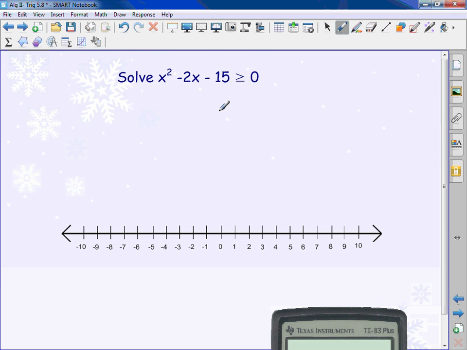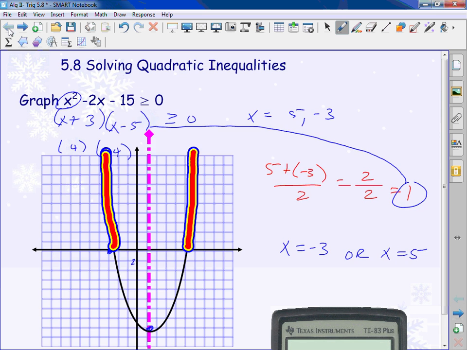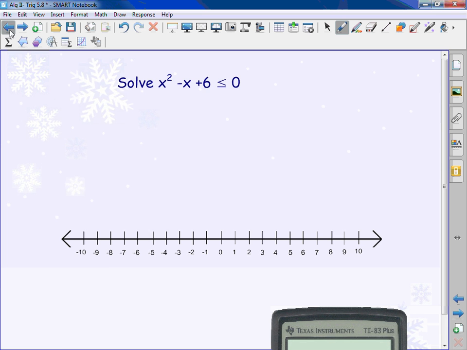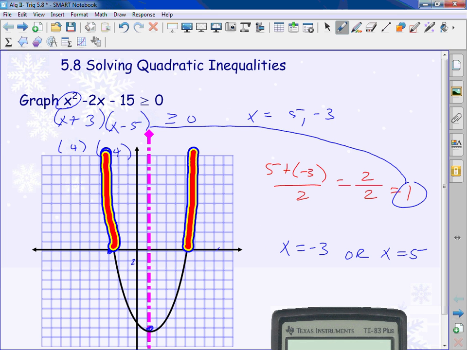On the number line, if I would have graphed it, we saw on the graph there was -3, we saw there was 5. And if I think of this, it's going this way, right? It's never going to get to the -2, the -1, these ones, right? And this one never gets to the negatives.